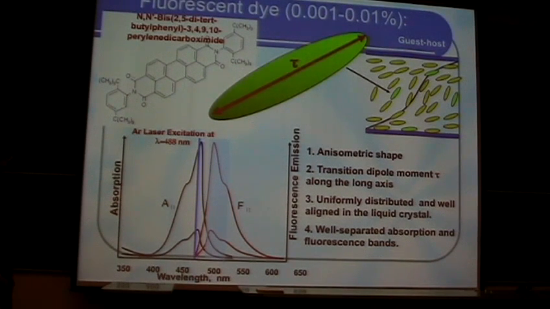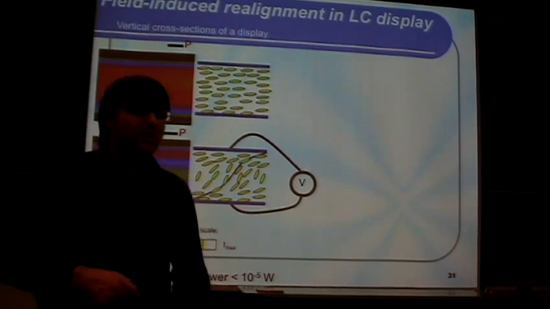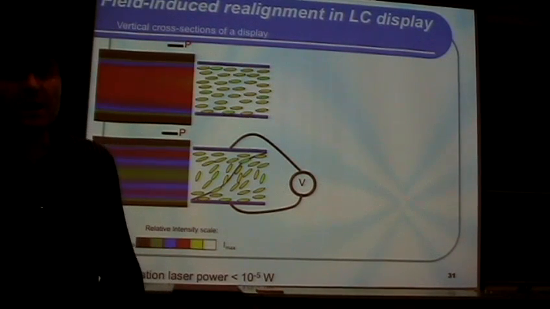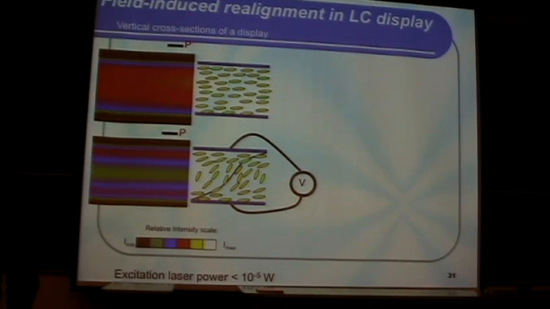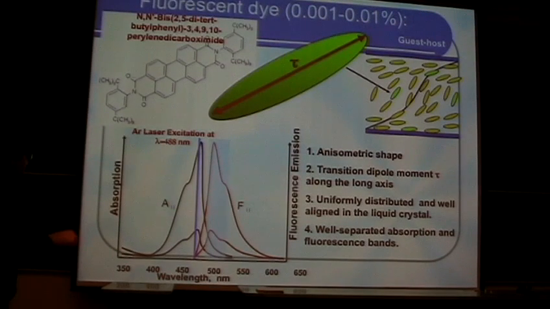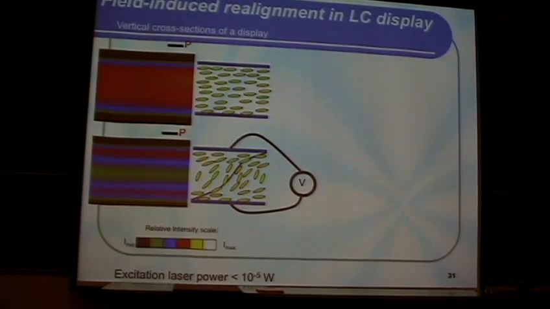And because the absorption and fluorescence bands are, just like in conventional applications of confocal microscopy, very well separated with respect to each other, one can use detection and excitation at different wavelengths and perform confocal imaging.